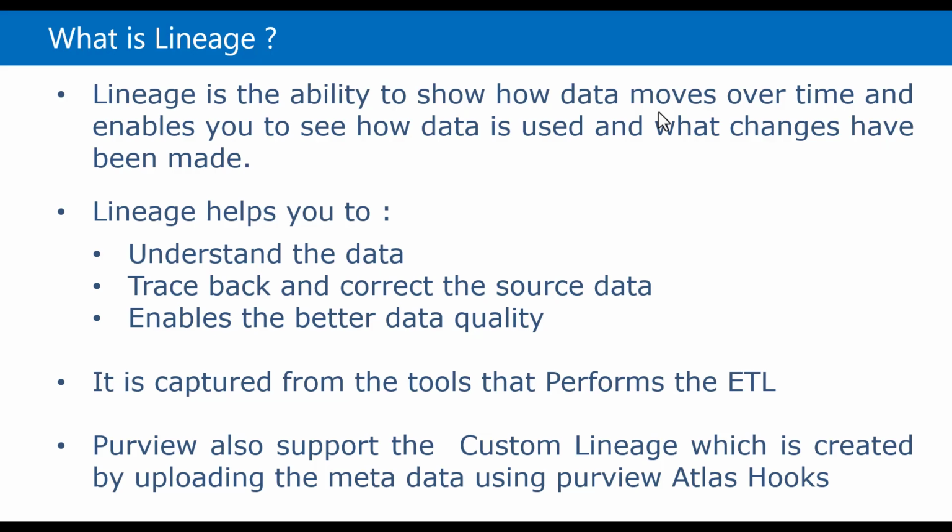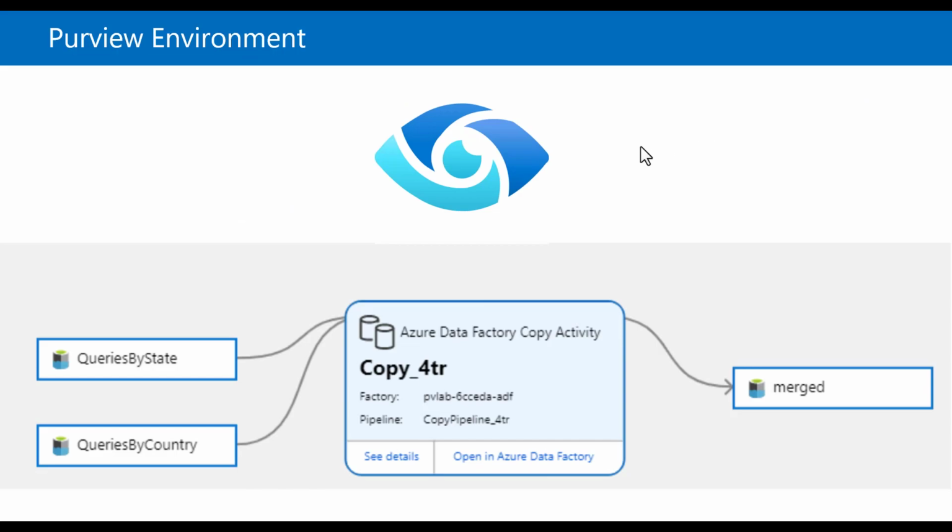So that is another capability which we have. In this demo, we are going to show you that with the help of ADF, how the data lineage can be captured when ADF runs and copies the data from source to destination. So this is one example.